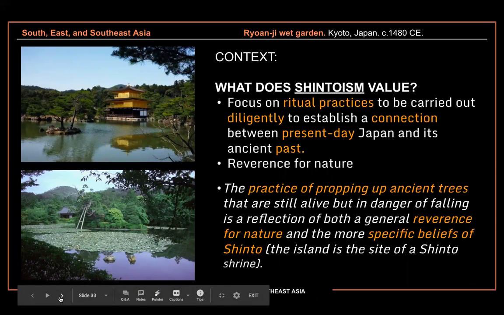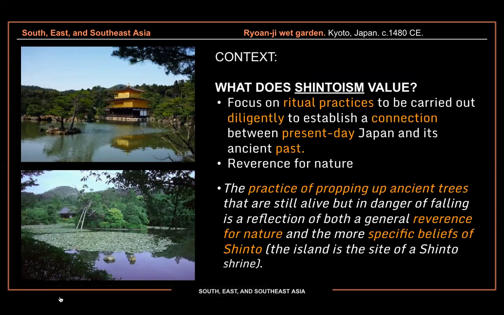So Shintoism, this is an ancient Japanese tradition where there was a reverence for nature. You maybe have seen a bonsai tree that's pristinely kept. They take a lot of time and attention to make it perfect.